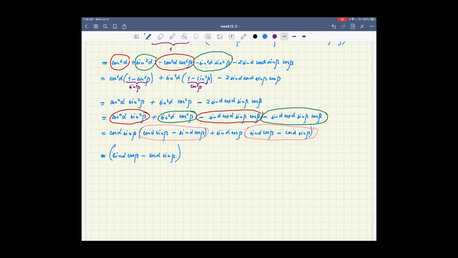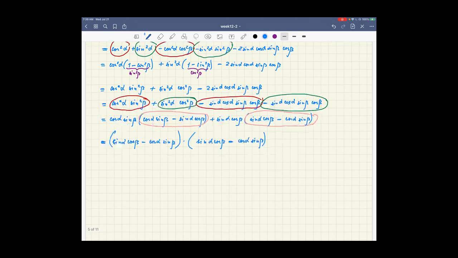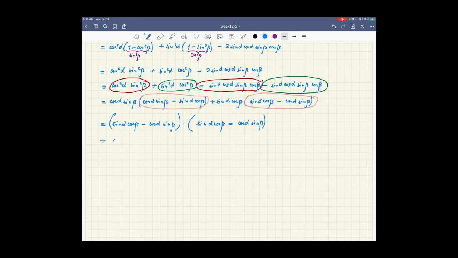What is now in parentheses is sine alpha cosine beta minus cosine alpha sine beta, which of course is just sine alpha cosine beta minus cosine alpha sine beta, squared.